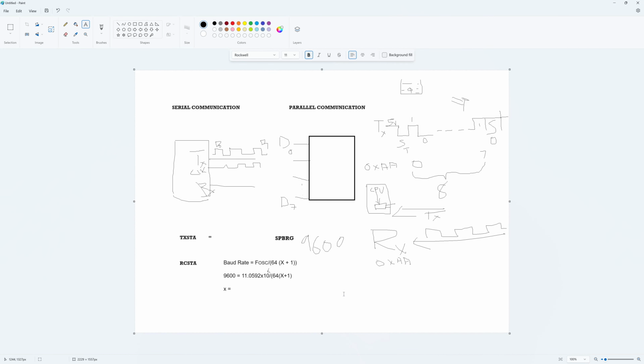If someone online already knows how the value of x can be calculated, just ping me over the chat. So here we have 9600 on the left side, and on the right side we have 11.0592 into 10 raised to 6 divided by 64 into x plus 1.